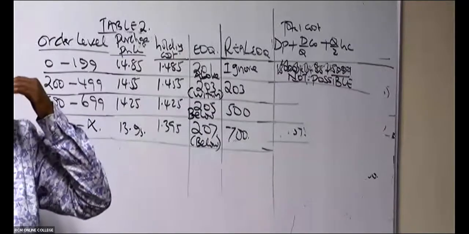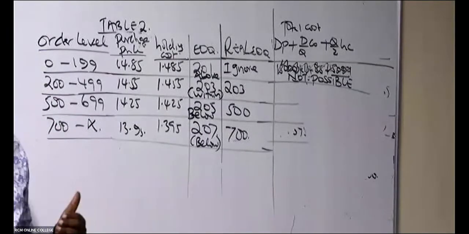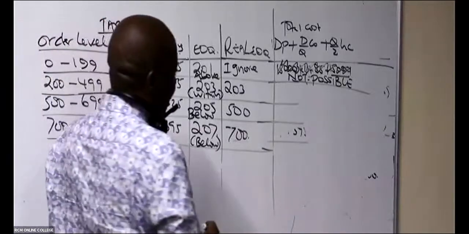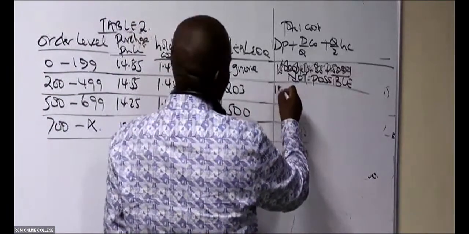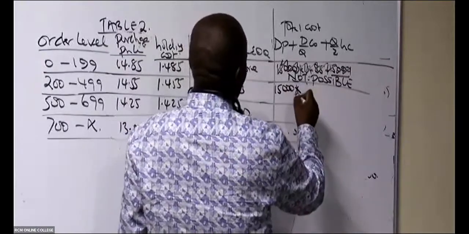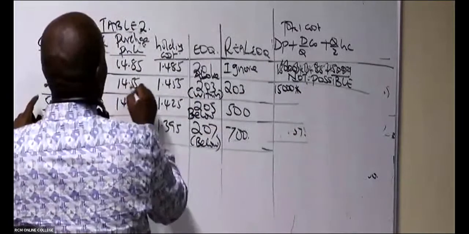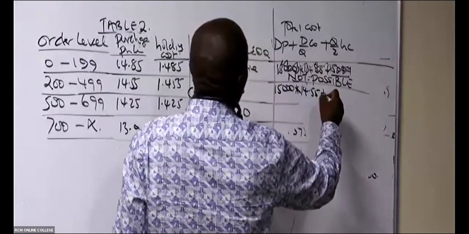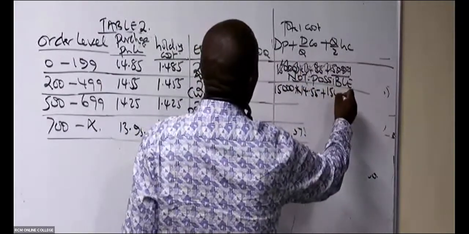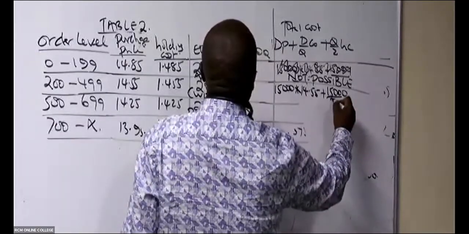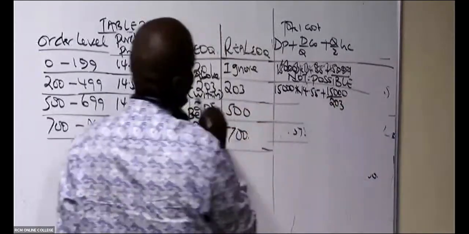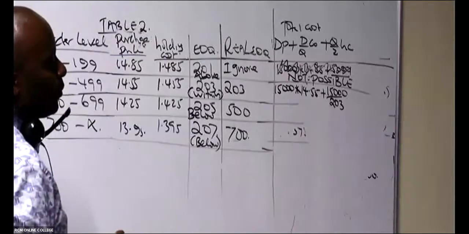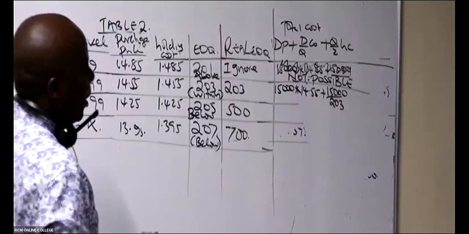But now, given my explanation, I believe for 2 or 3, you guys will be able to give me the total cost very easily, because it's 15,000. The price for the second range is 14.55, plus the annual demand divided by EOQ. The EOQ for the second class is 203, times cost per order.